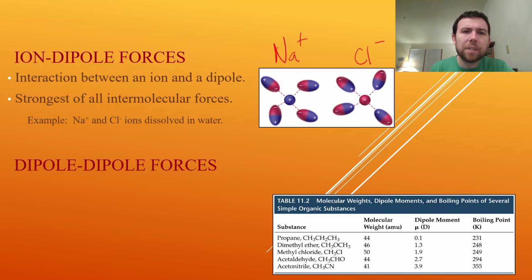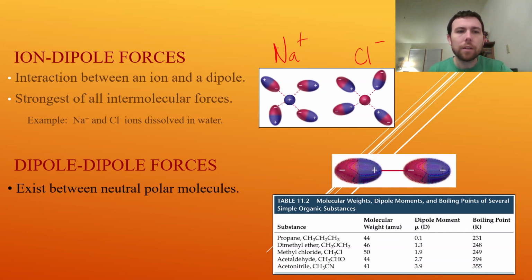So our dip-dip interactions are going to take place when we have two polar molecules that are interacting with each other in their solid or their liquid state. So these are going to exist between neutral polar molecules. If you take a look at the image that's just populated up on the right, again, you've got this interaction where you have the negative and positive end of your molecule.